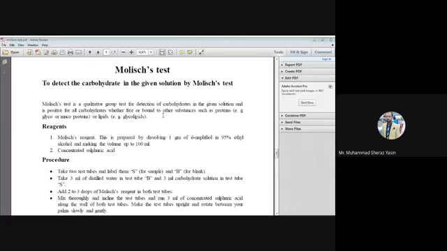First of all, you need to prepare the Molish reagent, and how can you prepare it in the lab? You need to take only 1 gram of alpha naphthol, and you will dissolve this alpha naphthol in 100 ml of ethyl alcohol.